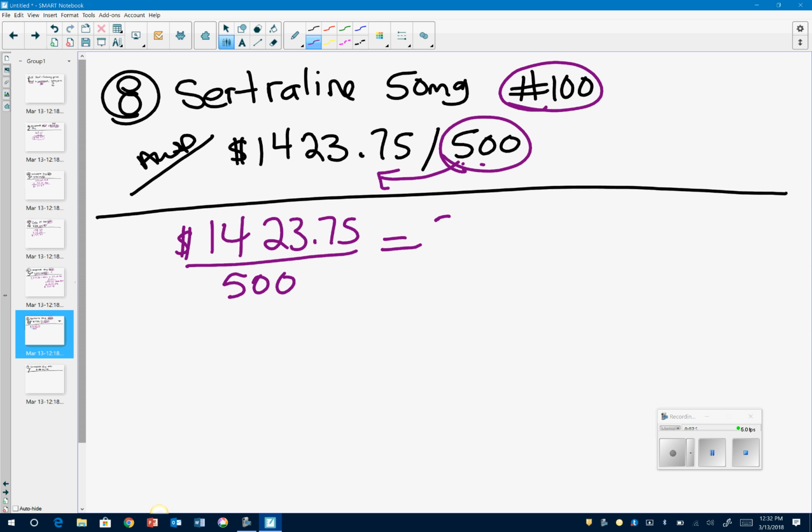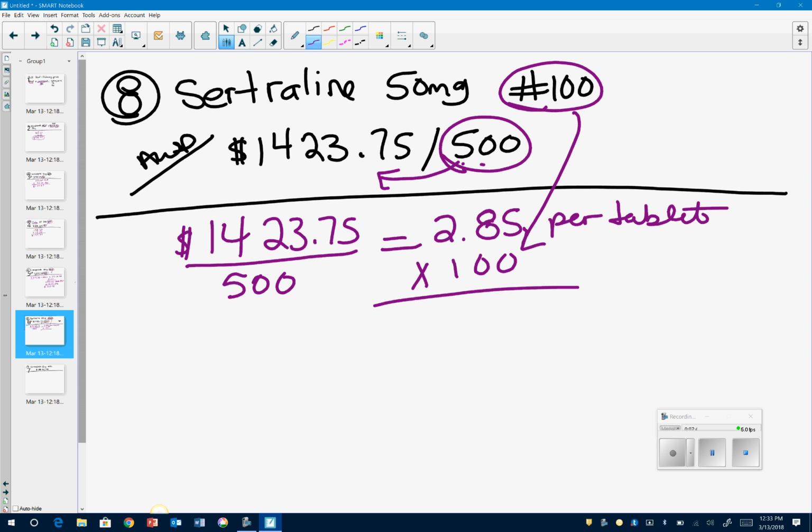Okay, so it's $2.85 per tablet. Okay, then you're going to times that by 100 because you have 100 tablets. And it comes up to be $284.75. So that's your new AWP for 100 tablets.